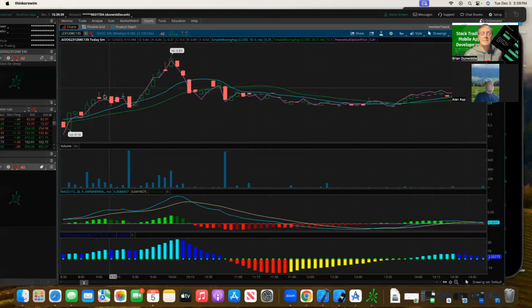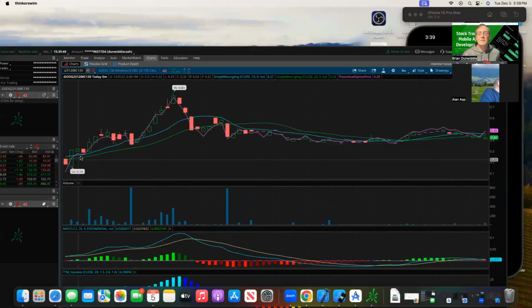So, like I said, I got in at 8:43-ish, which was right about here. I think I got in at 30.31. Now we did break below it that very next 5 minutes, but if you notice, 31, it got to a high of 83. That's more than a double.